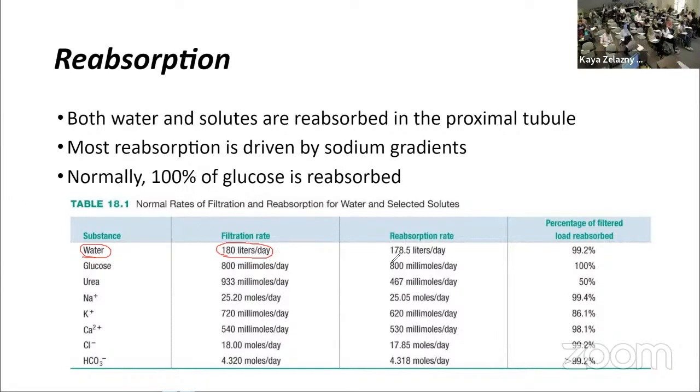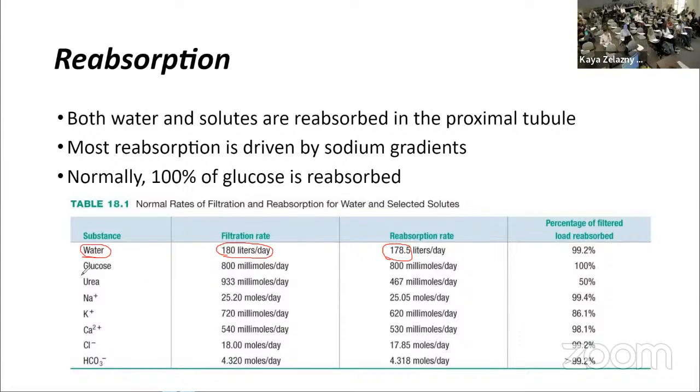You can see 178.5 liters per day are reabsorbed. So most of it is pulled back into your plasma. Percentage-wise, that's 99.2%.